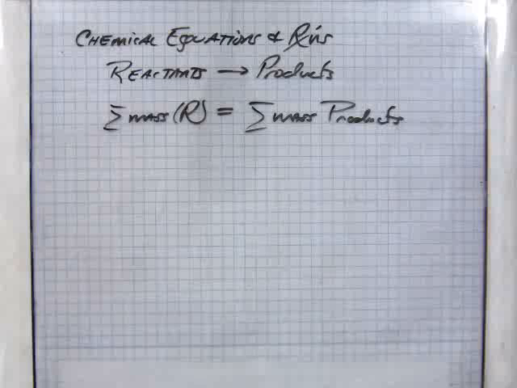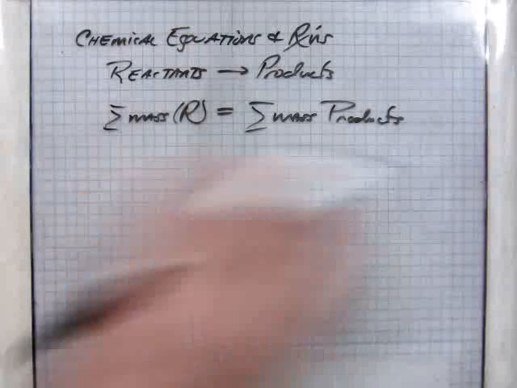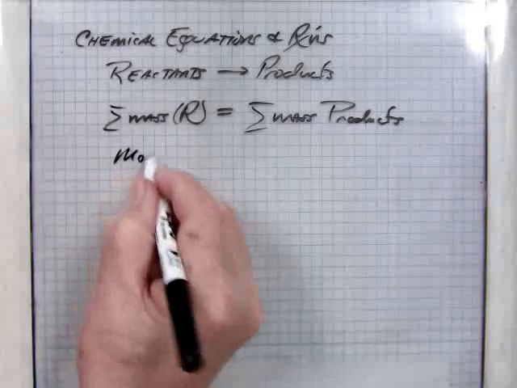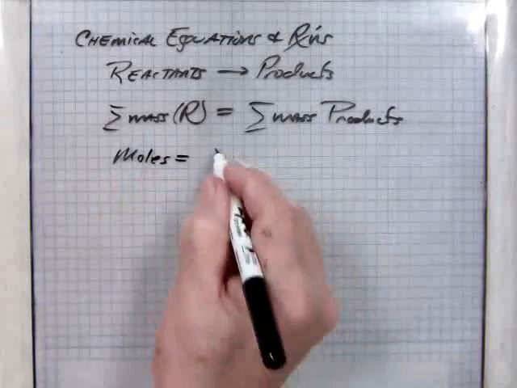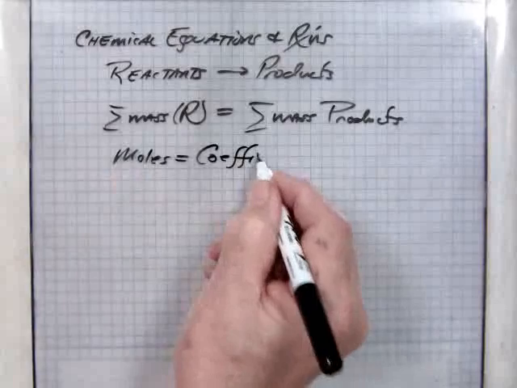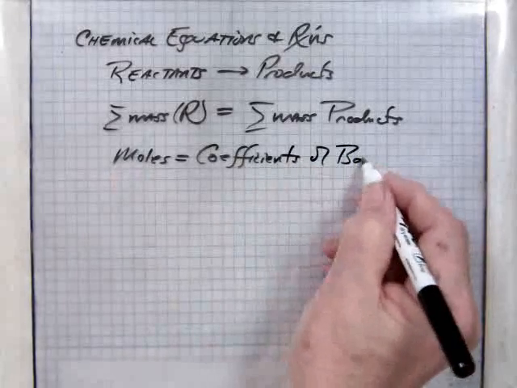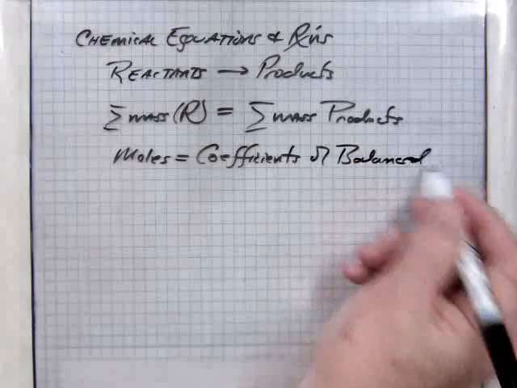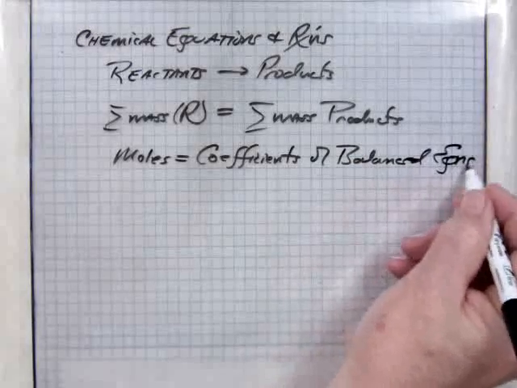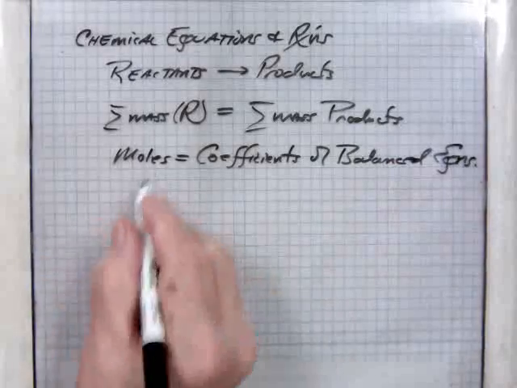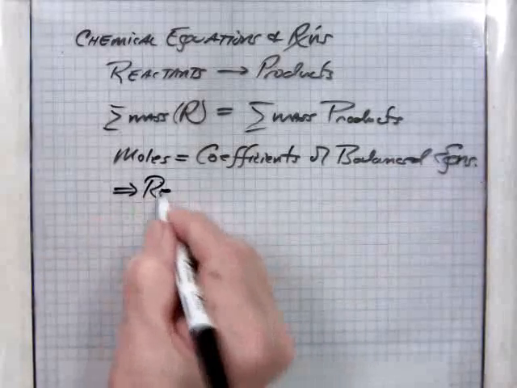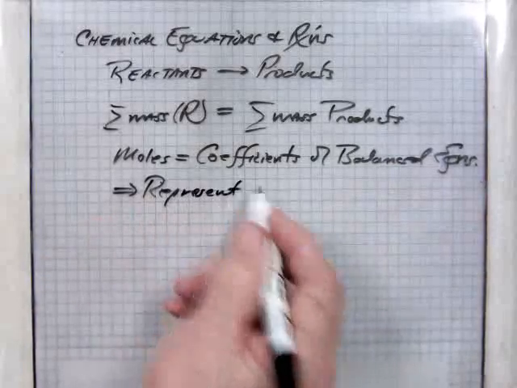The coefficients of the balanced equation are moles, and those are always what we call the proportional relationships in a chemical equation, and represent proportional relations.